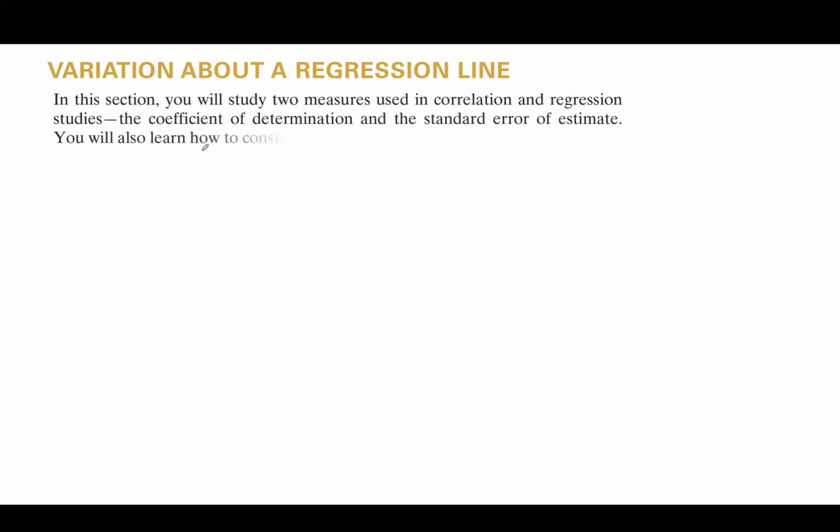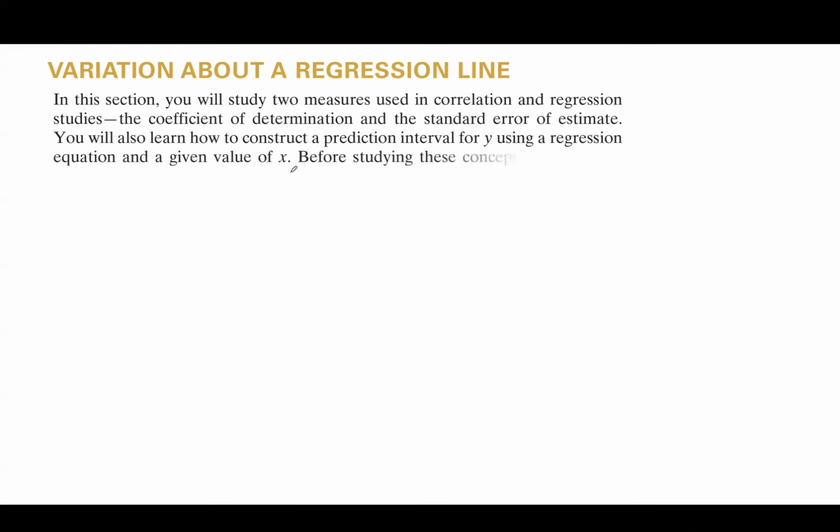You're also going to learn how to construct a prediction interval for y using a regression equation and a given value of x. Before studying these concepts, let us learn what explained, unexplained, and total variation about a regression line are.